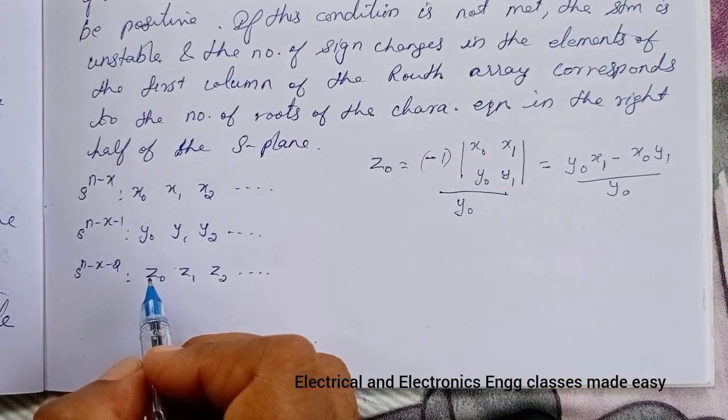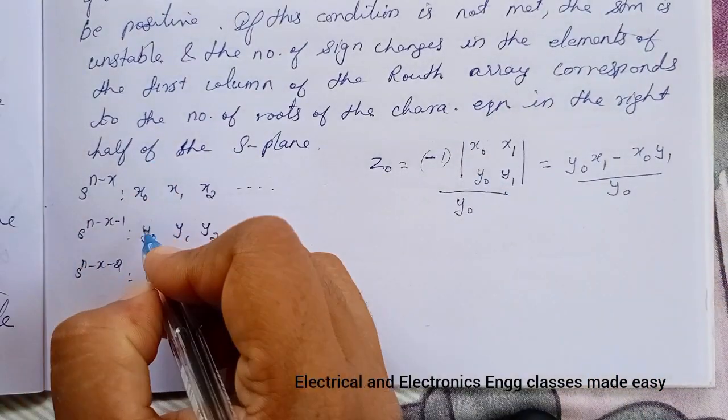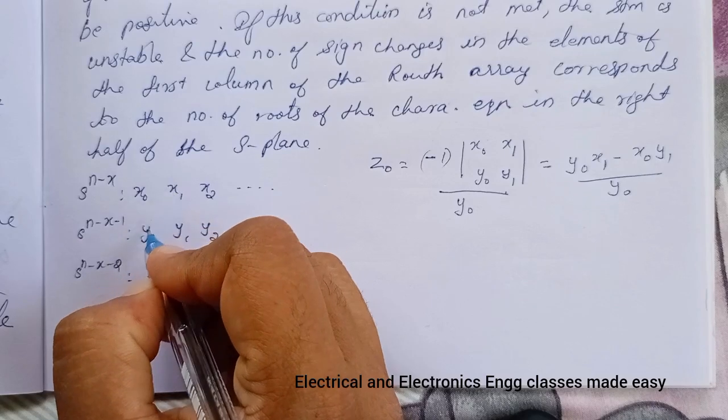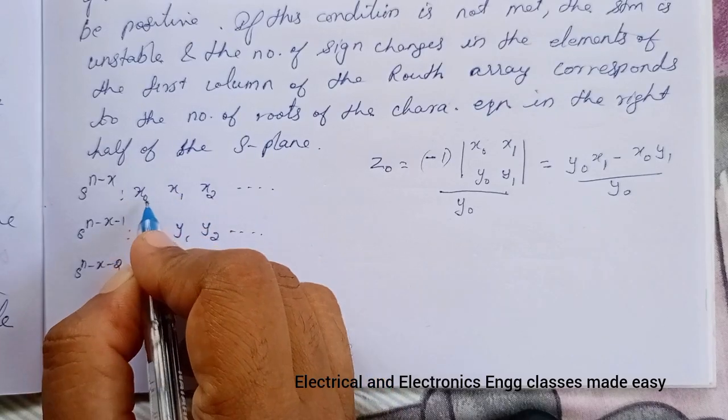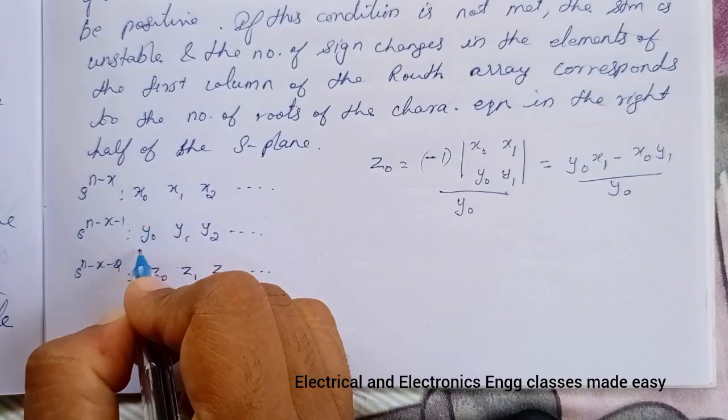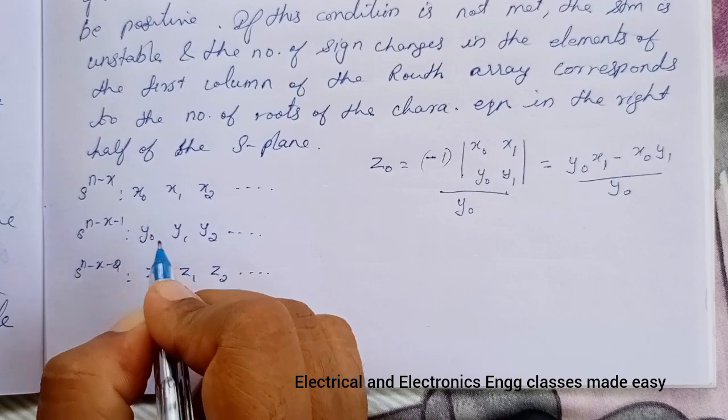That is, z0 is multiply these two minus these two divided by this one.